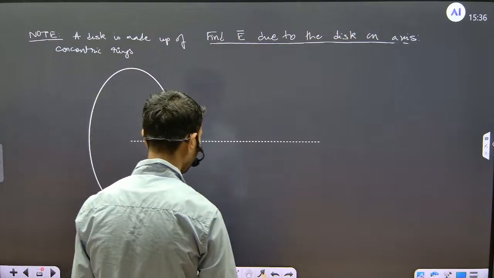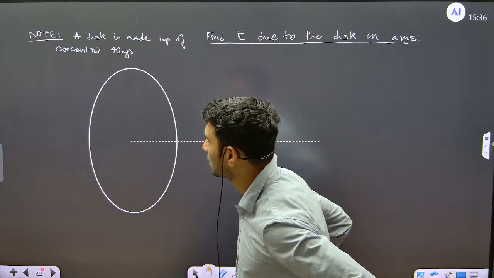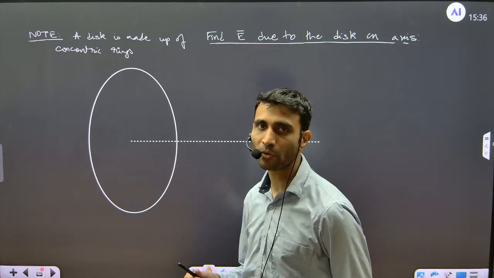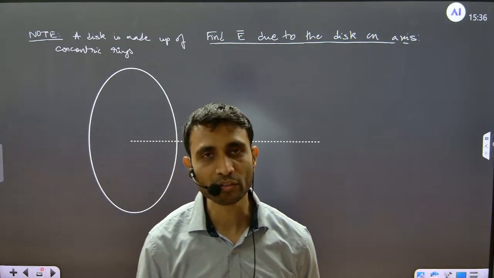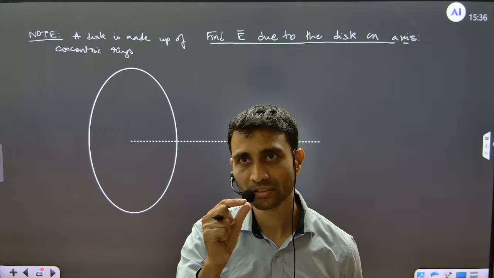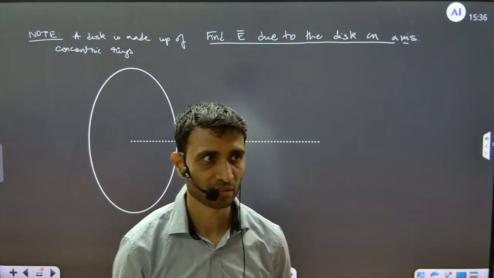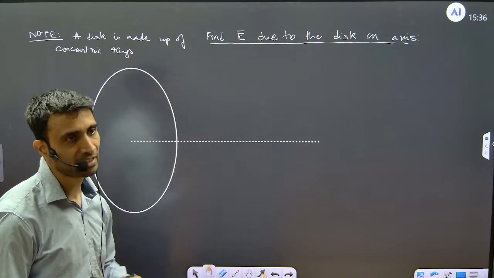So what we're going to do is, we don't know how to find out the electric field due to the disk, right? So what we'll do is, we'll assume that the disk is made up of small rings, and we'll find out the electric field due to one ring and integrate it. That's the process, right? Just find electric field due to one ring, and integrate it.